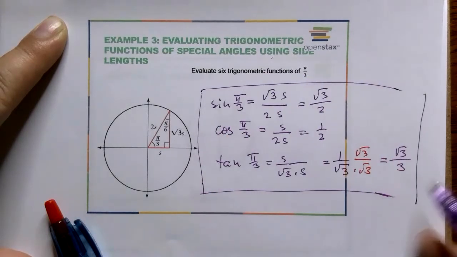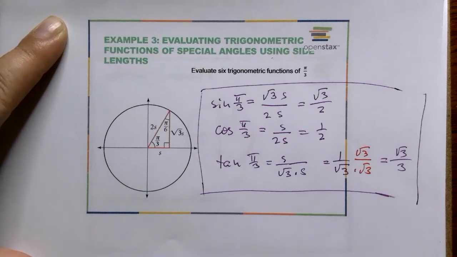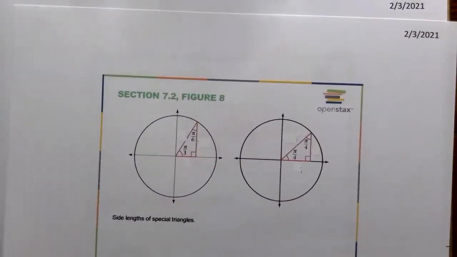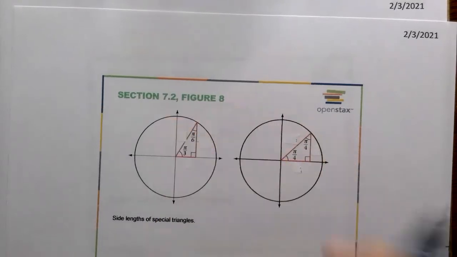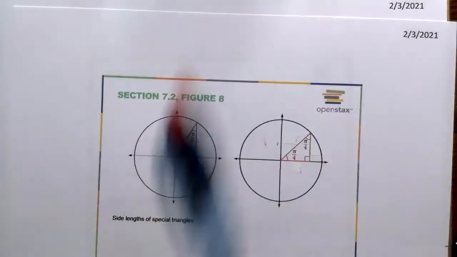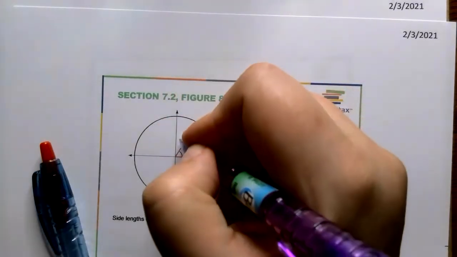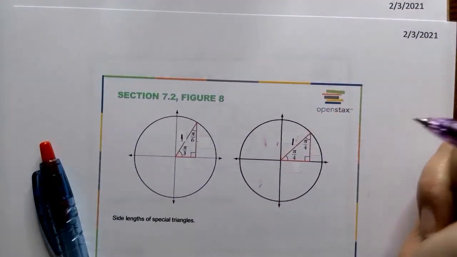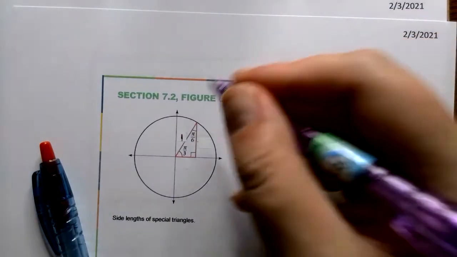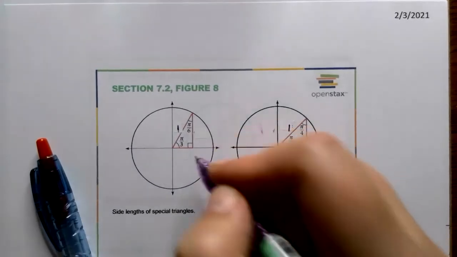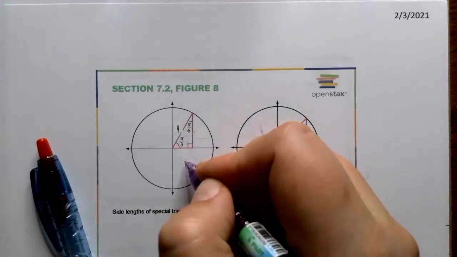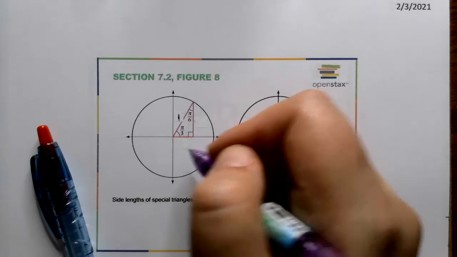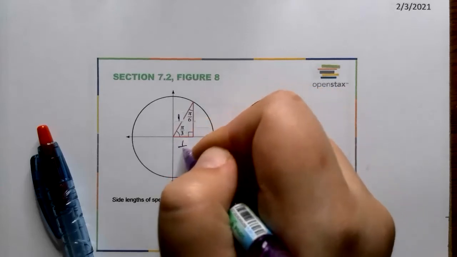All right, so that's what that means for our circles. Now, if we are talking about the unit circle, then your radius equals 1 in the unit circle, right? So the hypotenuse is 1. And this means that this side of the triangle, with a pi over 3 angle, would be 1/2.